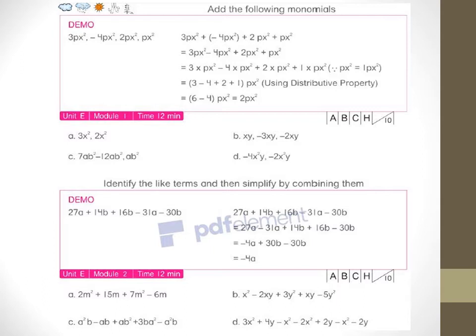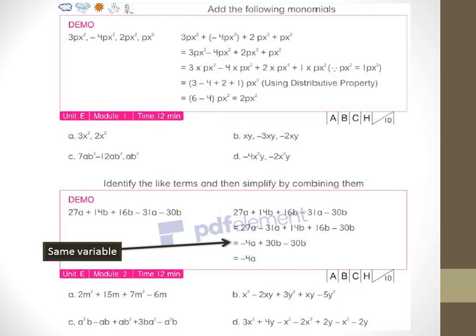Now look at the demo, the second demo. There are two different variables a and b. So first of all, what we should do, we should arrange the terms in such a way that the same type of variable containing terms are arranged in the same place.